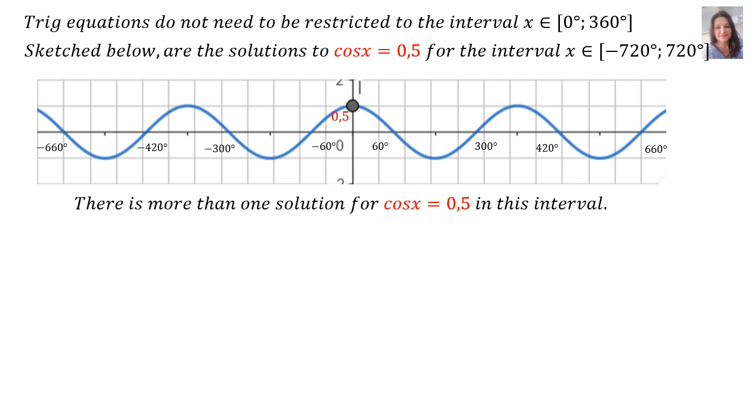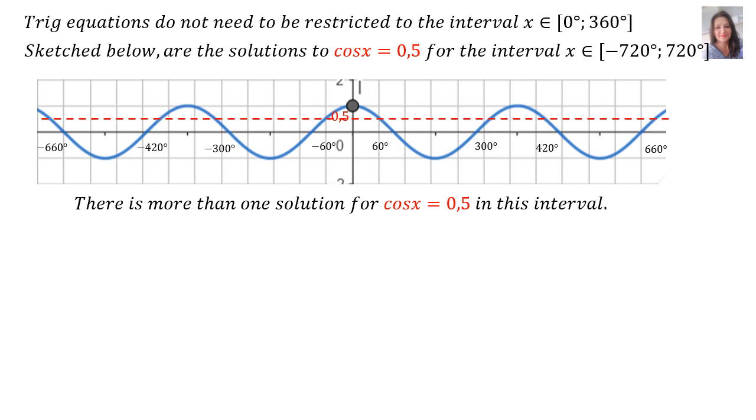Sketched below are the solutions to cos x is equal to 0,5 for the interval x is an element of negative 720 up to positive 720 degrees. Now, there is more than one solution for cos x is equal to 0,5 in this interval.